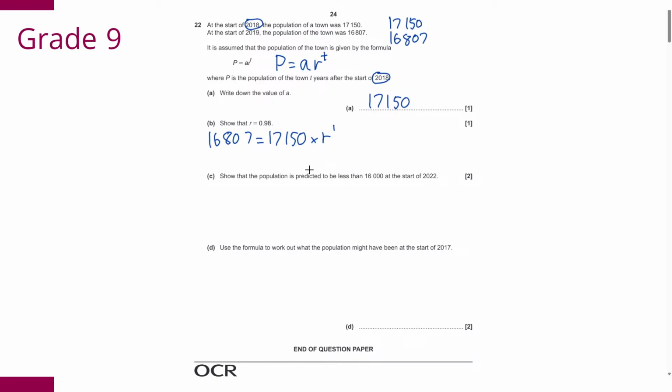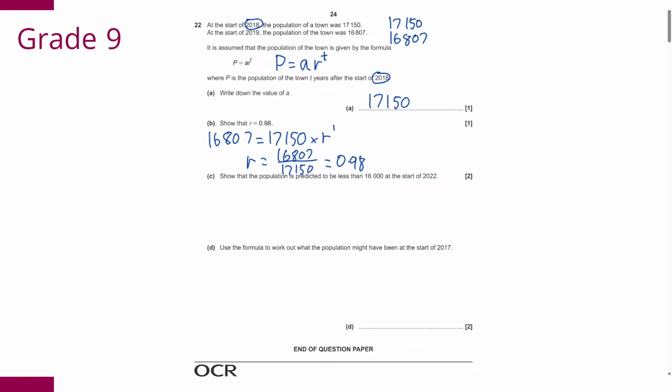Okay, so all we need to do is R equals 16,807 divided by 17,150. Get my calculator out, check that I'm right, never assume anything, and we get the answer of 0.98.